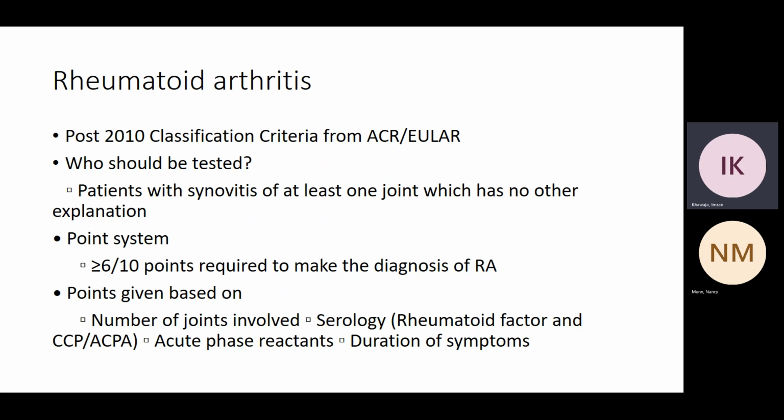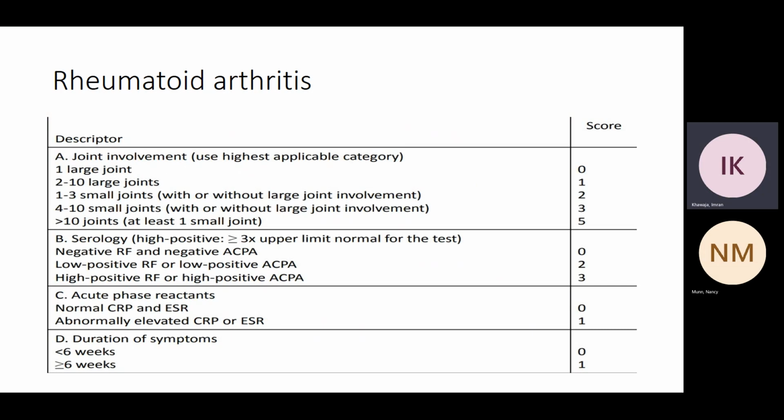It's more or less similar, but a little bit different. The points are given based on the number of joints involved, serology markers, acute phase reactants like CRP and ESR, and duration of symptoms. So you fill in these numbers and you diagnose rheumatoid arthritis depending on this criteria.